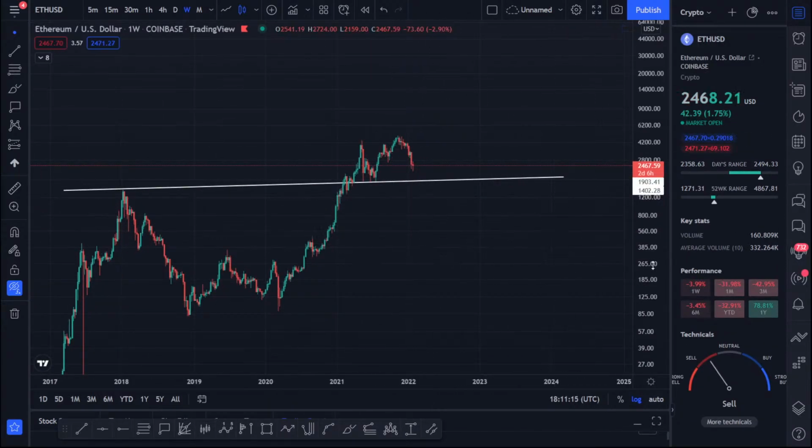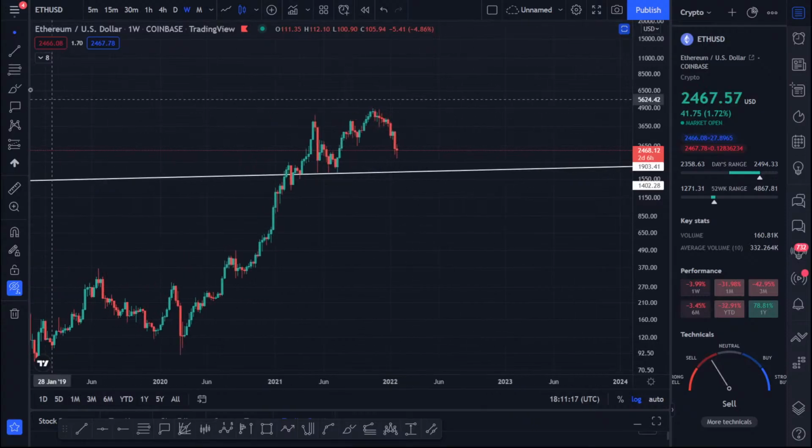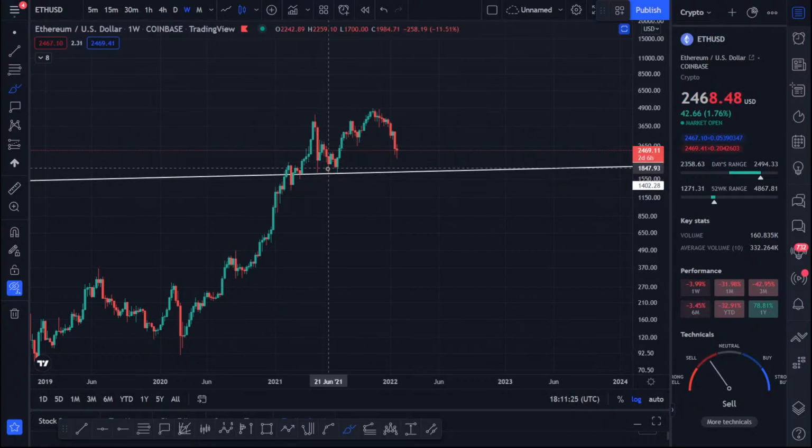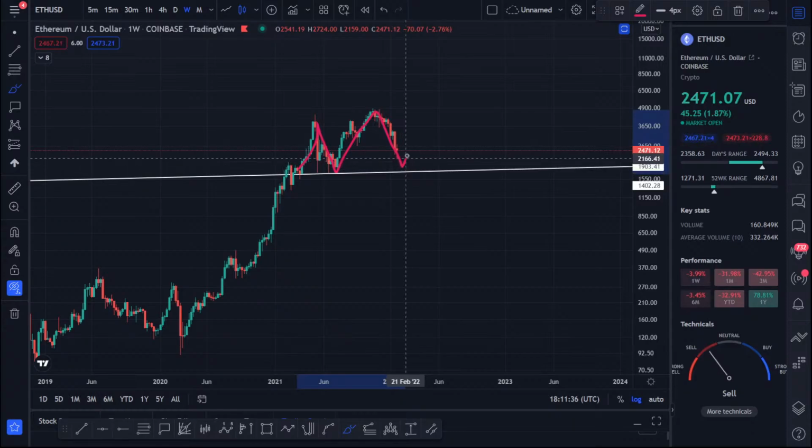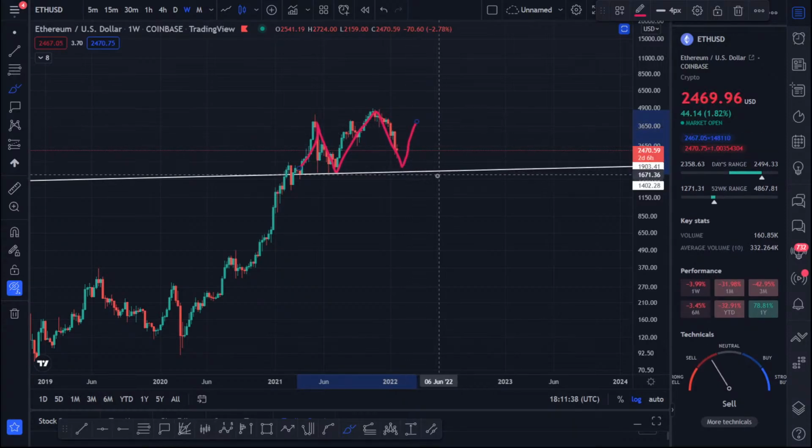Now you can clearly see what Ethereum is doing at the moment. It has this support where you can see one, two, three. Three times it has held this support and then went towards the upside. You can build a fact here. Look, if it comes down, it might have another go.